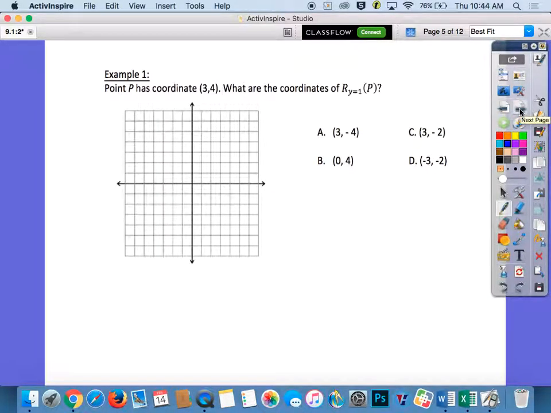So we'll just go through this really quickly, guys. Again, this notation is not going to be used in your book, but I just want you to see it. So if I have the point 3, 4, and it's reflected across the y equals 1 line, well, 1, 2, 3, 1, 2, 3.